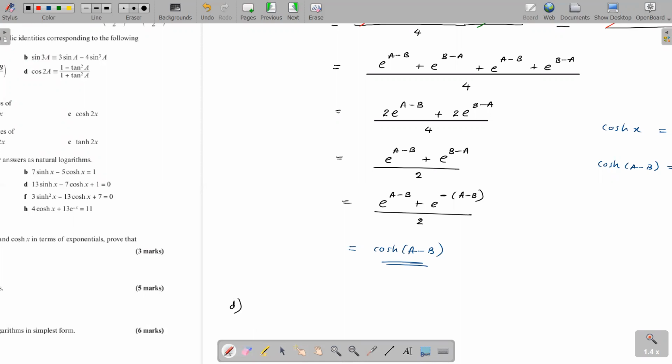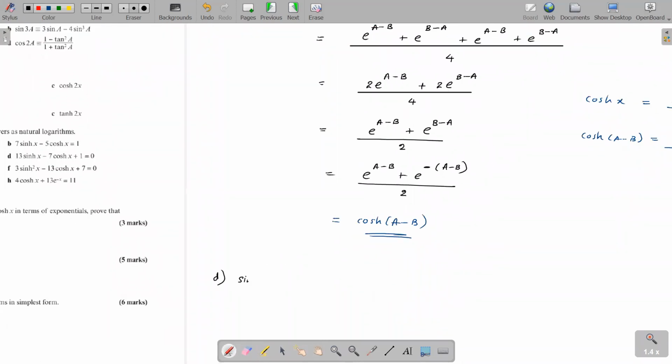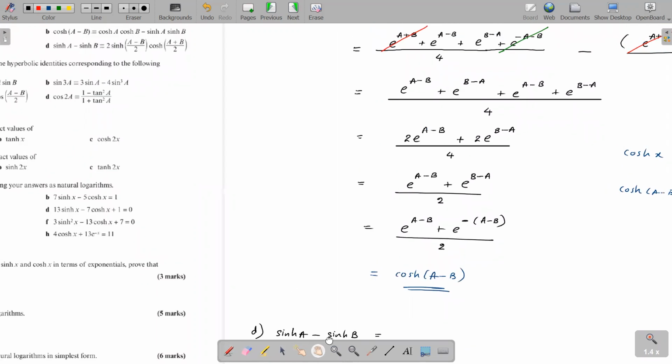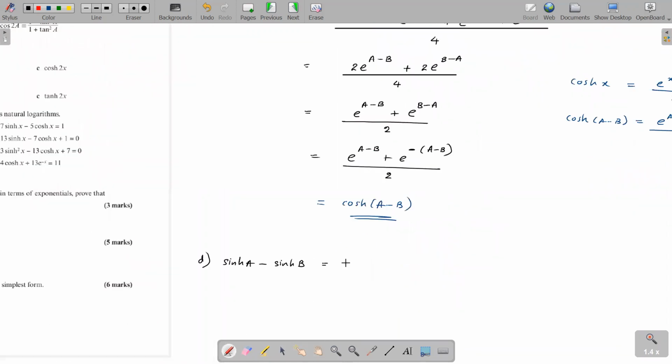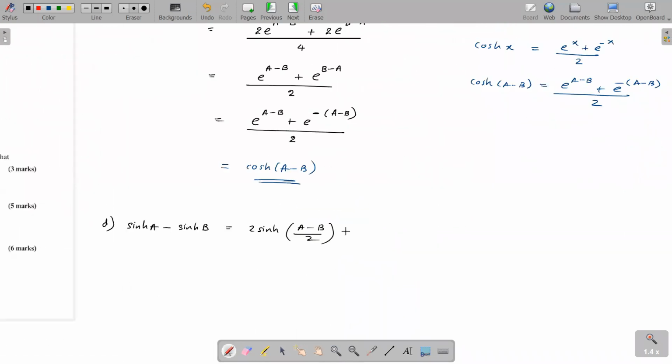Okay. So I'll do one more question. sinh A minus sinh B equals 2 sinh((A minus B)/2) cosh((A plus B)/2).